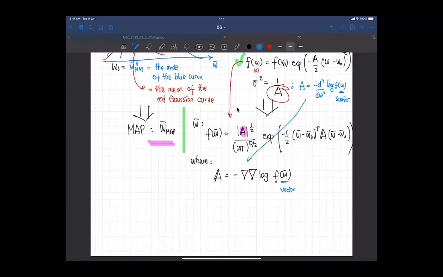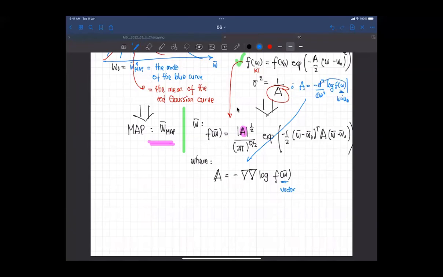So this one is when W equals W_MAP, or W0. So we have W0, and we insert that W0 into this function.